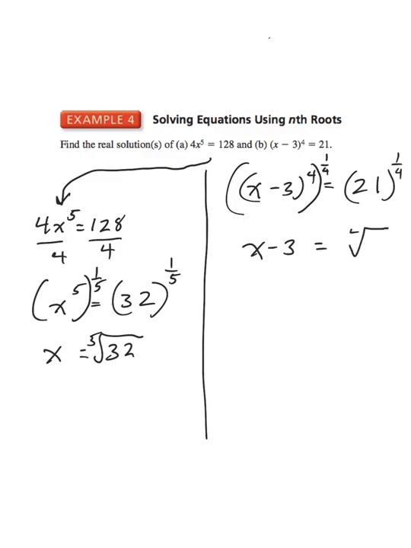I can write it this way, or I can write it the one way before. Now I'm not done yet because of the plus or minus, right? Okay, so I'm going to add 3.